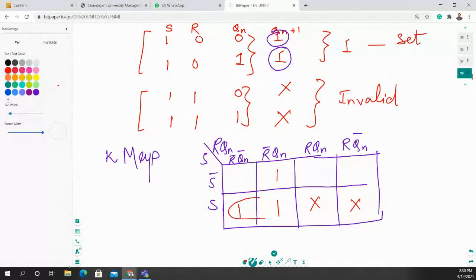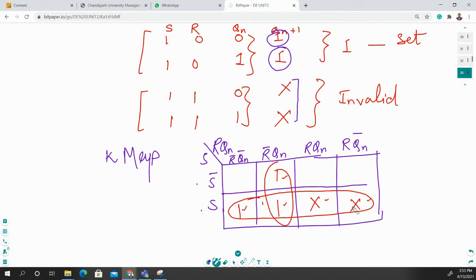You have to make the combination like this. Qn bar is also changing from this loop, so we will consider only S, and from here you can see S is changing from S to S bar. So we will consider R bar and Qn. So the combination from this K map is R bar Qn plus S.